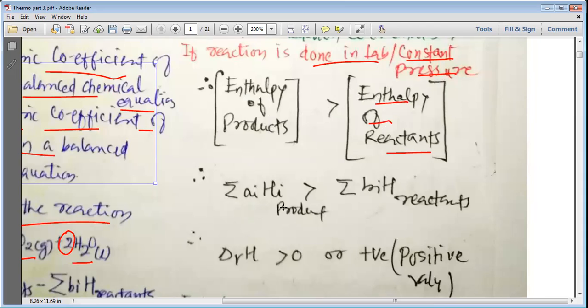When we actually want to calculate enthalpies, we do the reaction at constant pressure in the laboratory. Therefore Σ ΔfH of products is greater than Σ ΔfH of reactants, and that is why ΔrH is going to be positive, my dear students.